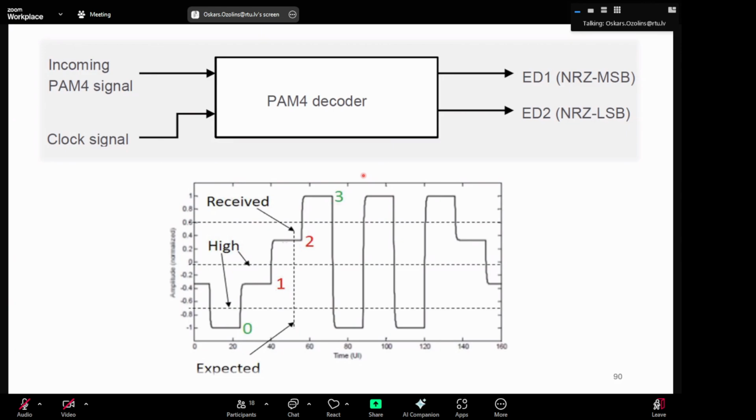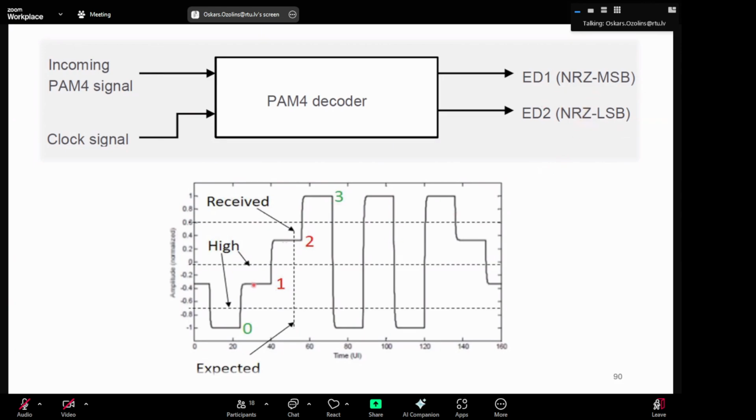You need to decode into separate non-return to zero most significant bit and least significant bit streams, and then you can count these two patterns individually. You can count separately. So this is how you would do it if you wouldn't use any digital signal processing but just test and measurement equipment.